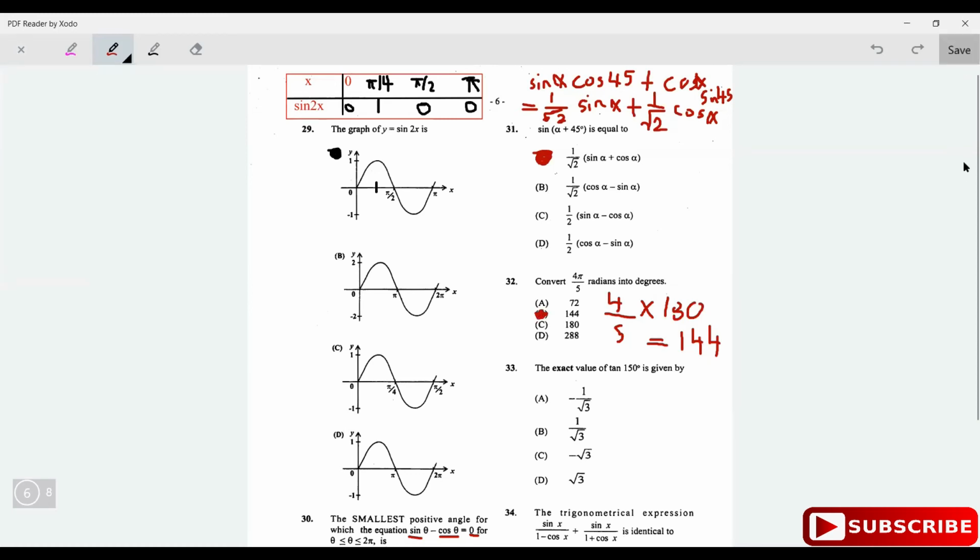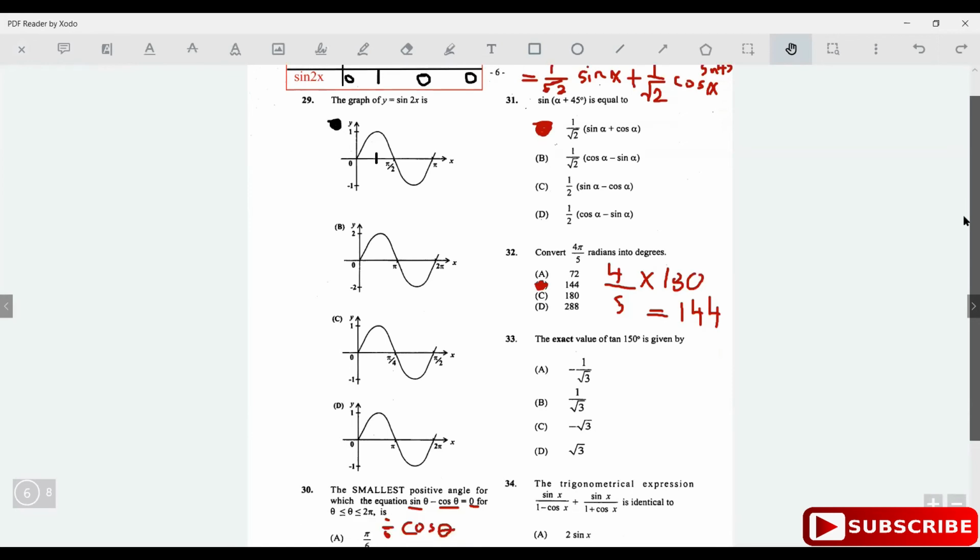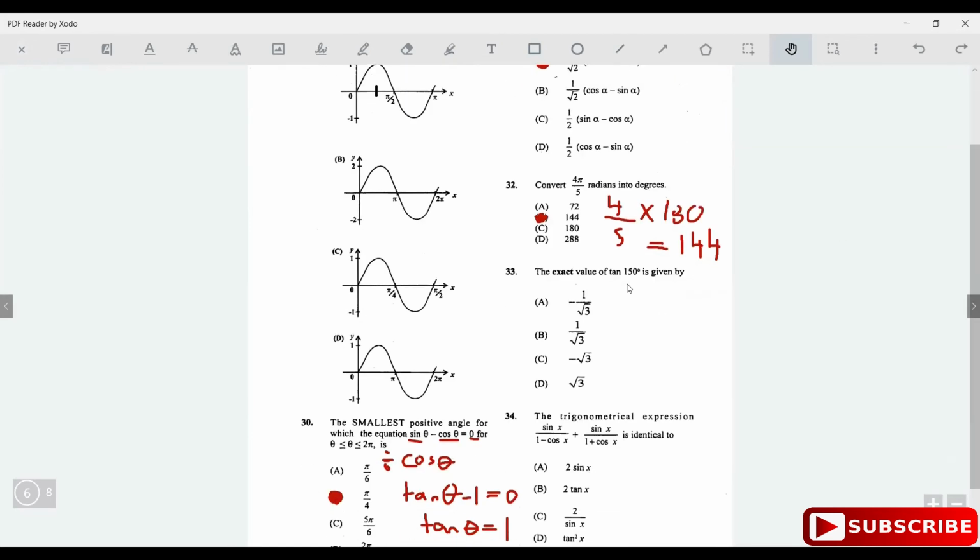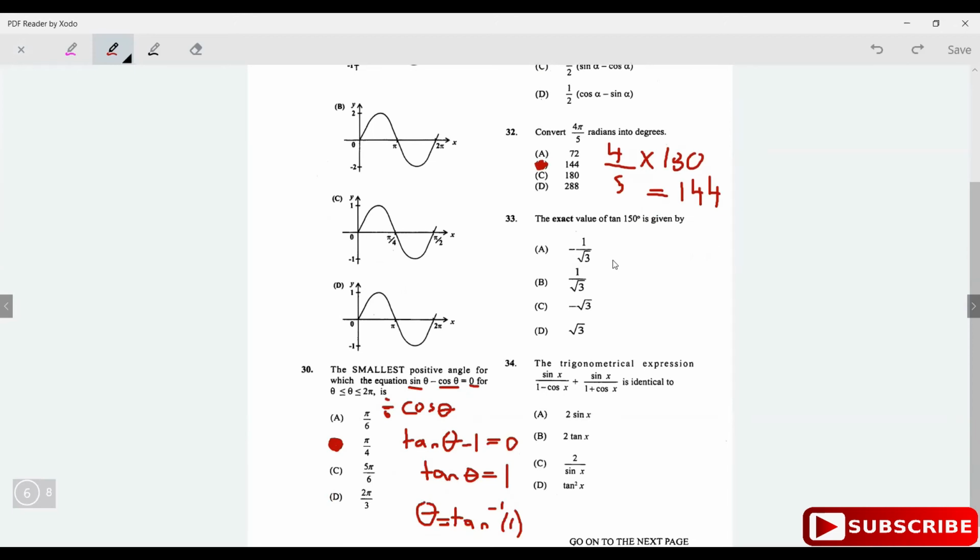All right. Moving along. It says find the exact value of the tan of 150 degrees. Well, that's quite simple. You can put it in your calculator.